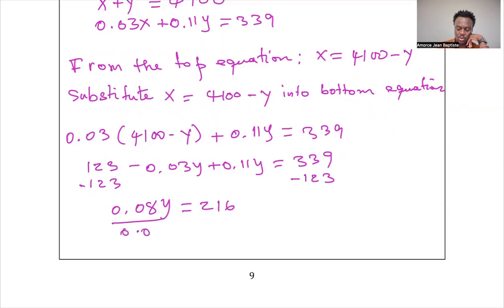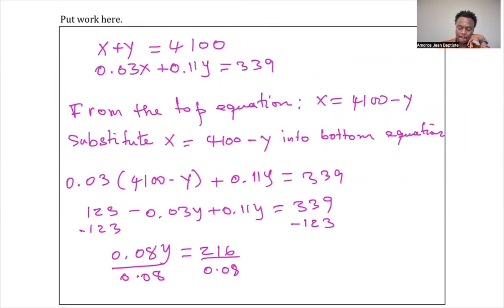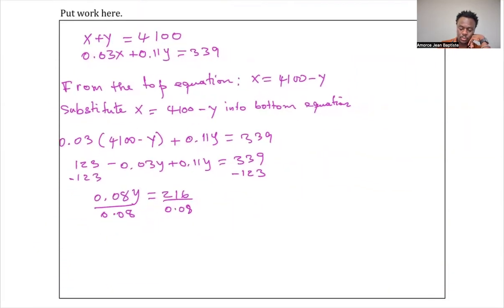Divide by 0.08. Then we get y equals 27,000. So we got y equals 27,000.